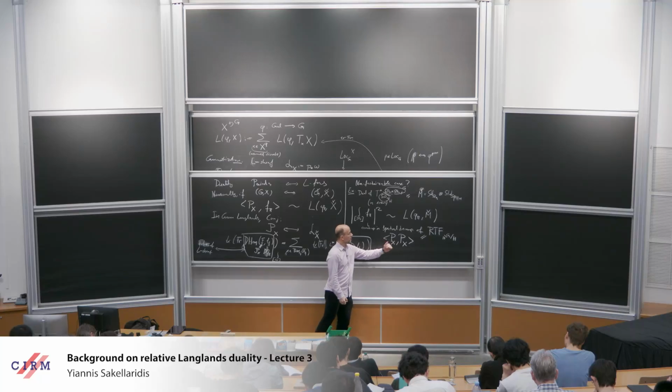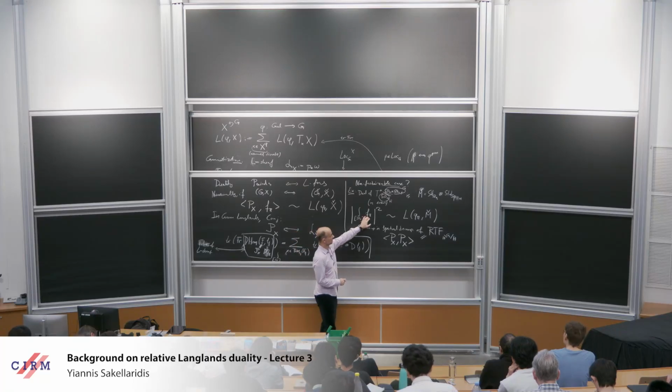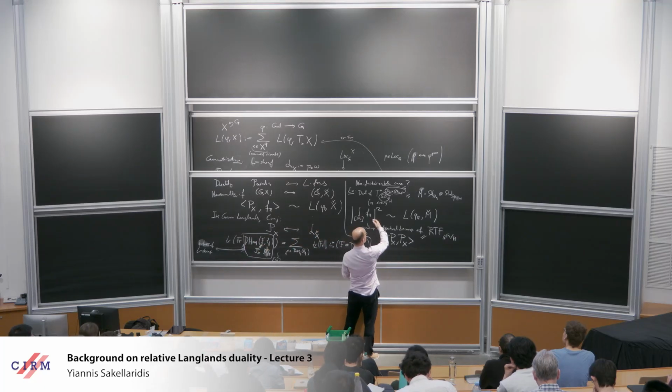And then spectrally decompose this inner product, and that's the periods that you would discover for appropriately normalized automorphic forms F pi. So it's natural from that point of view to understand this formula.